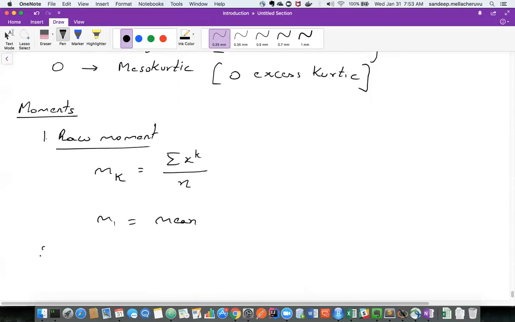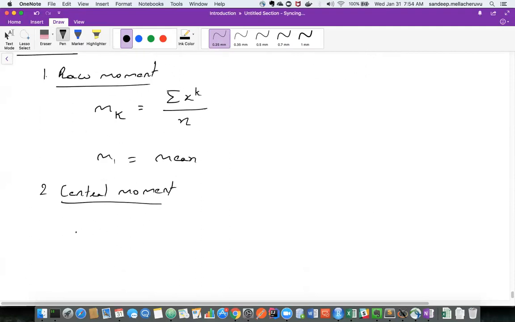And there are central moments as well. This is something extra. If you need, you can note it down. Otherwise, even if you discard this, it doesn't make any difference for you. It's more like I just wanted to describe some more moments. Central moment is this formula, where every element you subtract x bar from and then take a power of k.